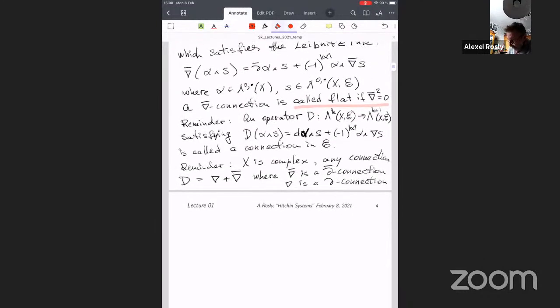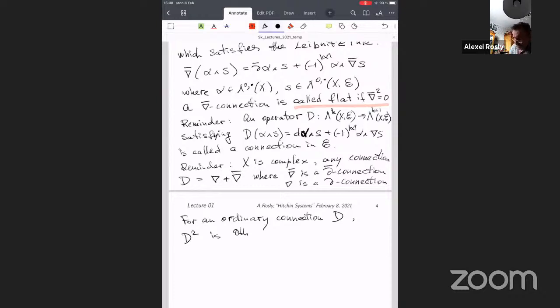In the case of an ordinary connection, as it was defined just above, its square is a zeroth order differential operator.